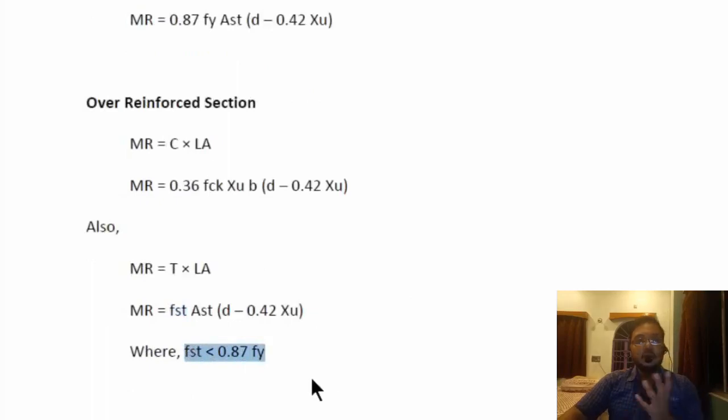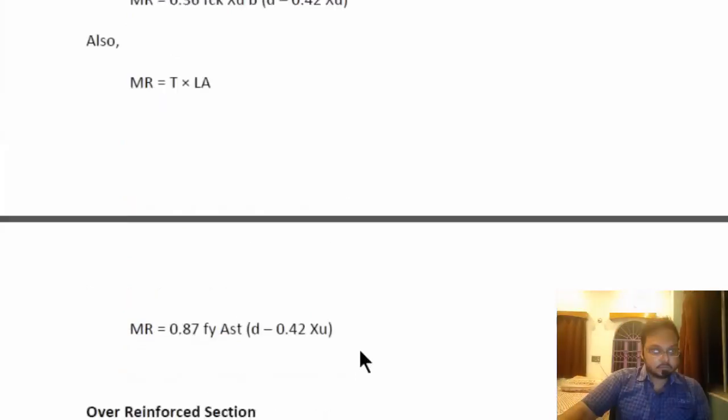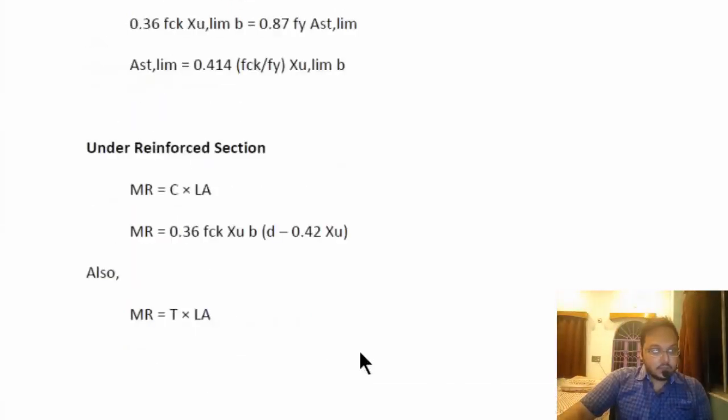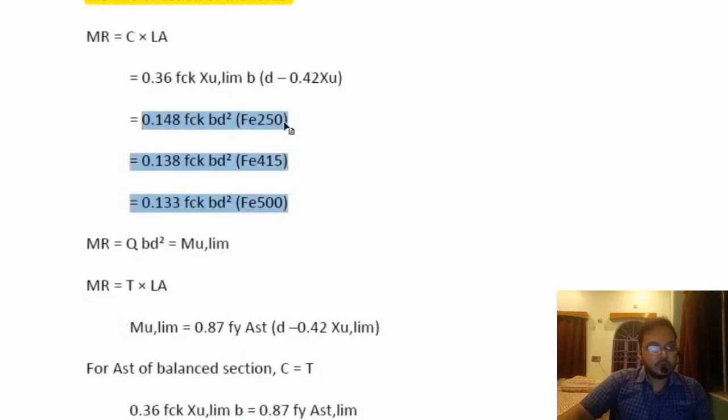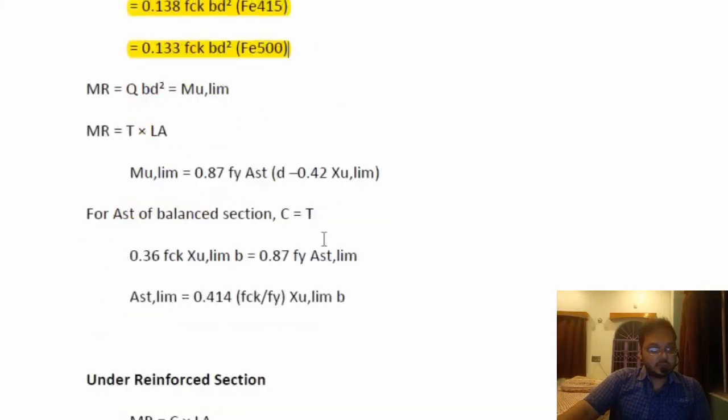That is the normal amount of stress our steel can take. And these are a few important formulae for the moment of resistance for different grades of steel. I will highlight this one. This will be used for various calculations.